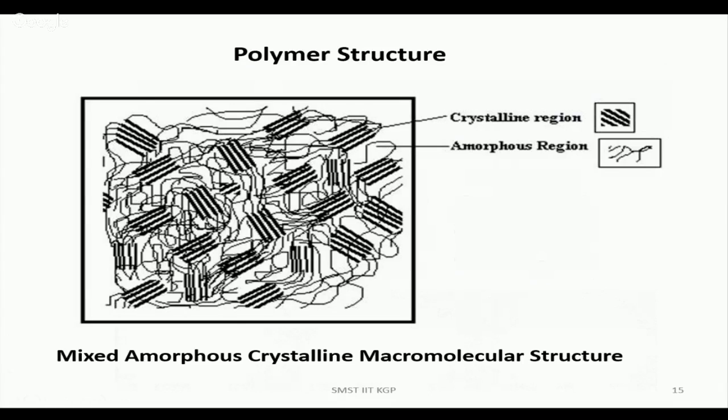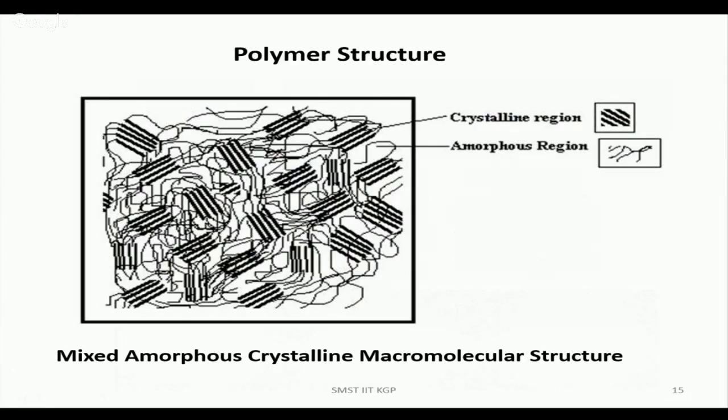Interestingly, in the case of polymers, we have both crystalline and amorphous regions joined together. So usually it is difficult to achieve 100% crystallinity in the case of polymers. Usually, if you can attain a degree of crystallinity of more than 50%, we call them crystalline polymers, right?